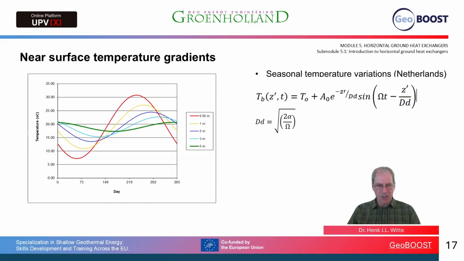At a shallow depth of 0.05 meters, we have a high amplitude of surface temperature, almost ambient temperature. At 1 meter and 2 meter, we still have significant changes in temperature, but when we go deeper than about 5 meters, again, this is the situation for the Netherlands, we have a very small variation of seasonal temperature in the ground.